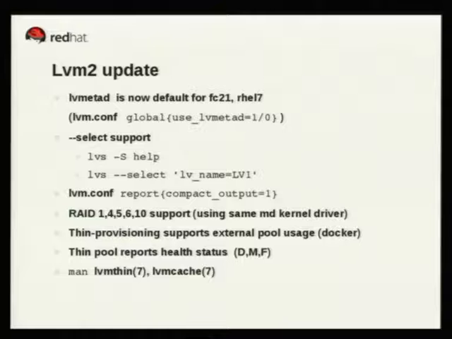If you don't want to use thin volumes, you just want to use a thin pool and manage your volumes yourself, we support that. For thin pool, we also report the health status. So now you can read if the pool is running out of data space, out of metadata space, or if it completely failed.